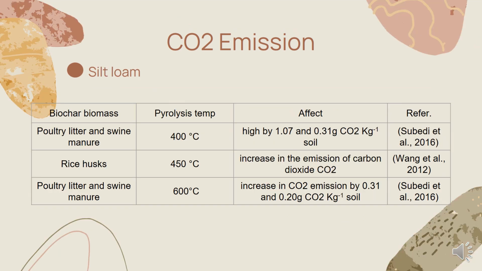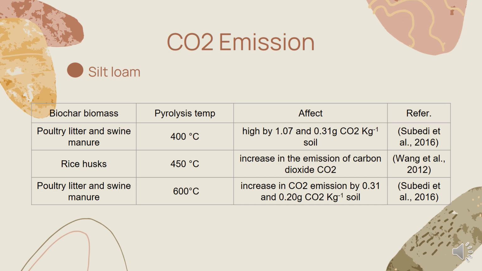Many studies were conducted to measure the emission of carbon dioxide from silty loam soil with biochar application, and most of them have the same result. There is an increase in the carbon dioxide emission by using different types of biochar, depending on the pyrolysis temperature and biomass.